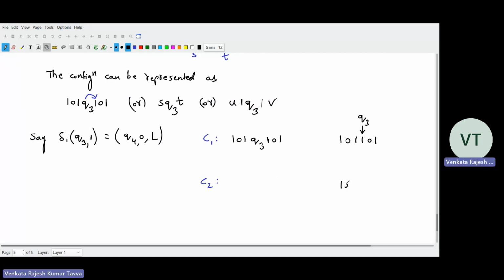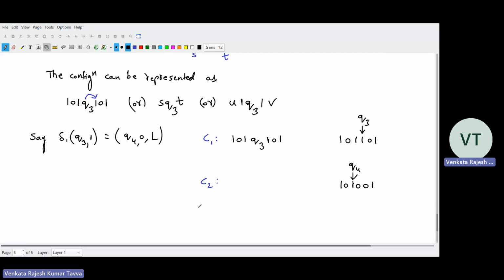So this will become 101, this one will become 0 0 0 1. Earlier Q3 was pointing at this location. Now it moves left, so it becomes Q4 and it points to this one. Basically, you are on the tape, you are pointing to a symbol, you are overwriting it with a different symbol and moving either left or right. In this case, we are overwriting 1 with 0 and moving left. Okay.